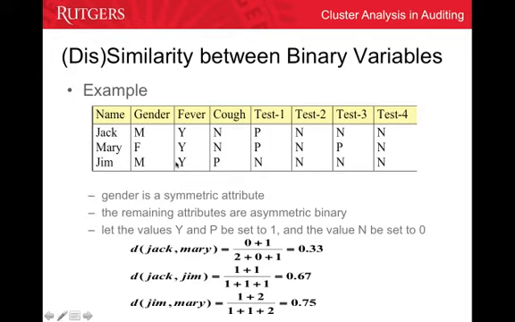So we use 3 plus 1 to get 4. Then we use 3 divided by 4 to get the distance between Jim and Mary, which equals 0.75. I think according to this example, you will understand how to calculate the similarity between binary variables.